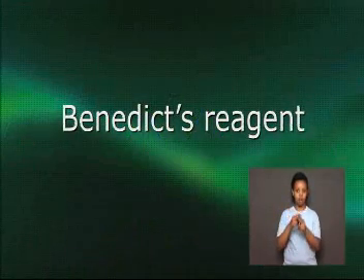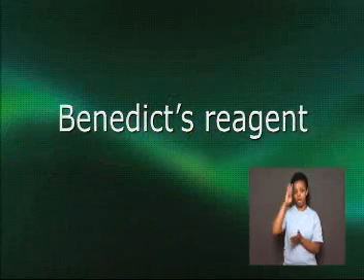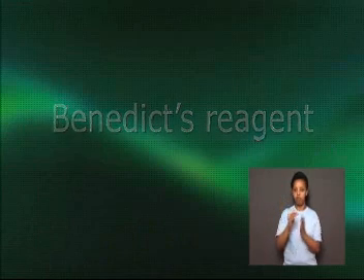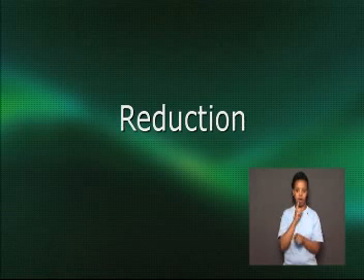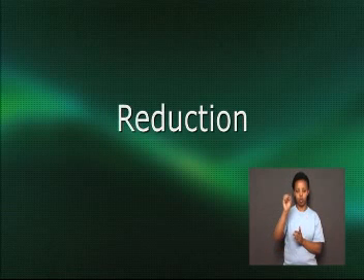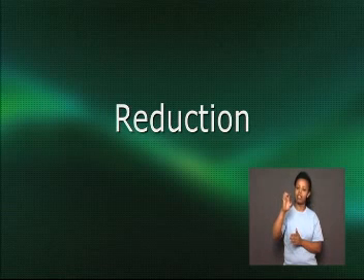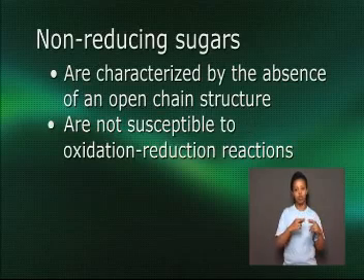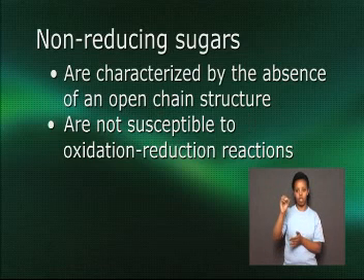Benedict's reagent is used as a test for the presence of reducing sugars. Reducing sugars, such as maltose and lactose, have the ability to carry out the chemical reaction known as reduction. All monosaccharides and some disaccharides are reducing sugars.